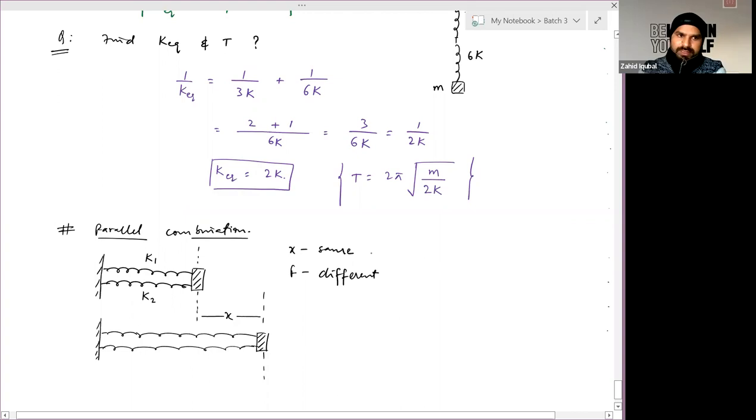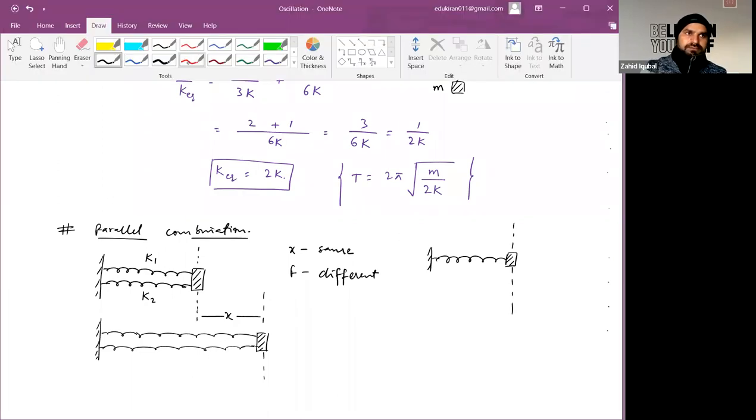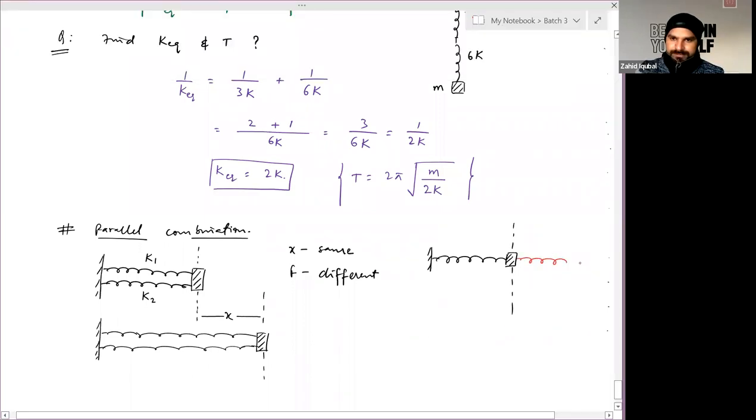The next combination related to parallel will be like this. Suppose you have a spring and a block at this point, and another spring, K1 and K2.